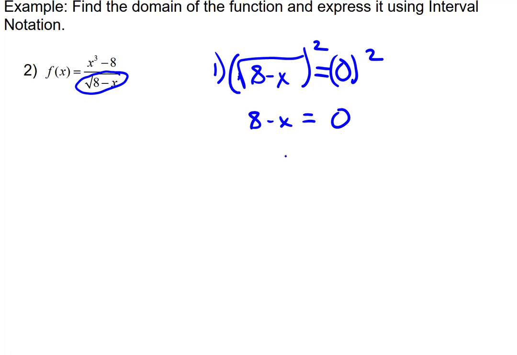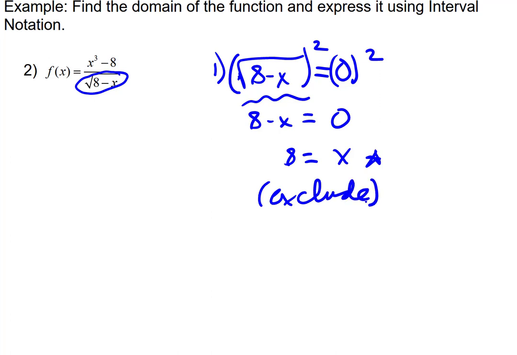If I add x to both sides, I'll simply get 8 equals x. In other words, let's run this back through. When x is 8, our denominator would be 0, and so we have to exclude that value for x. We're not allowed to let x be 8. We'll keep that in mind as we construct our domain.